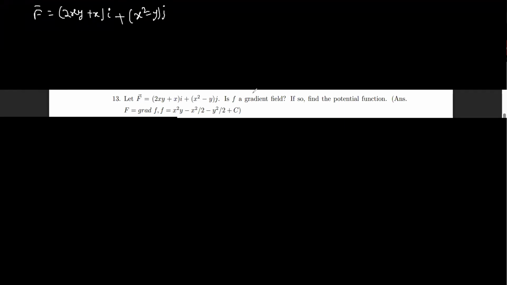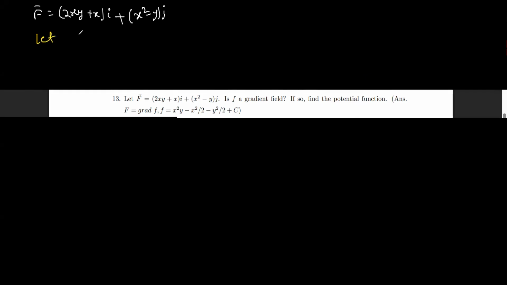First, you have to check whether this is a gradient field. How to check gradient field? If so, find the scalar potential. Only potential is written, right? It means you have to find scalar potential. Understood?